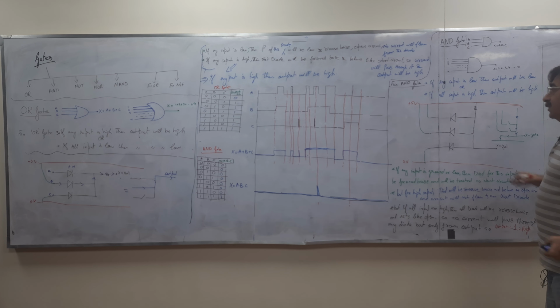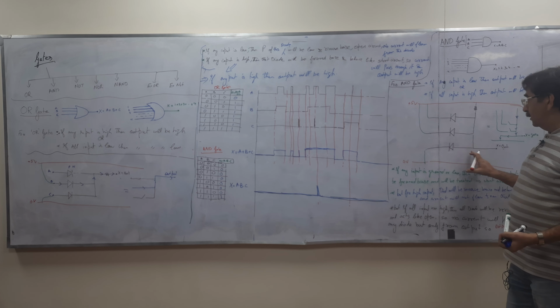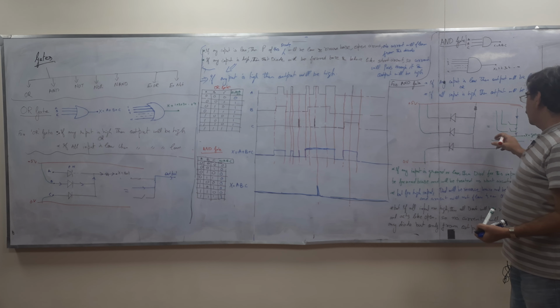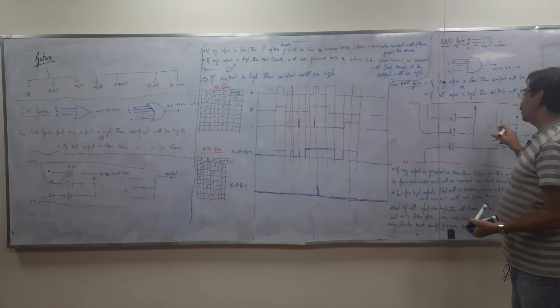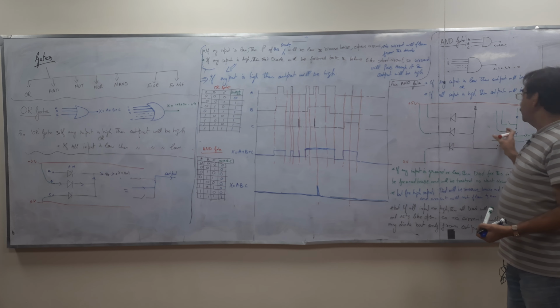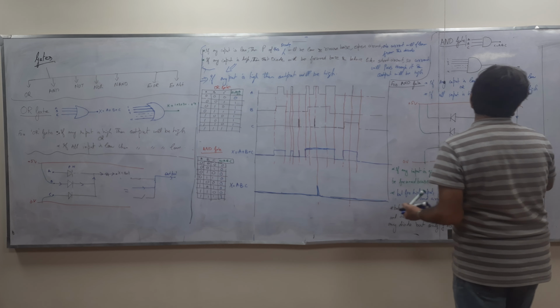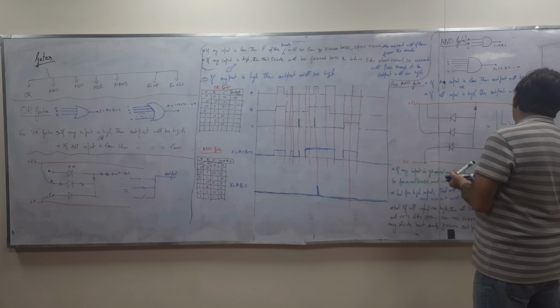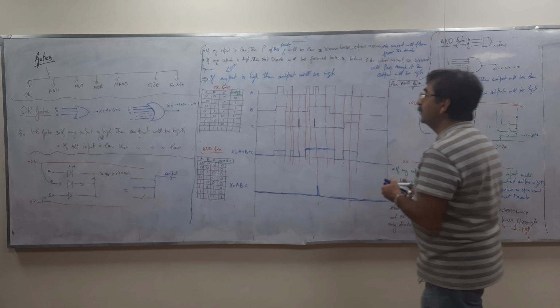So all this is all about this. If all are high, then all the circuit will become open. No current may pass through any diode, so all the current will pass through the output, and that output will become 1.